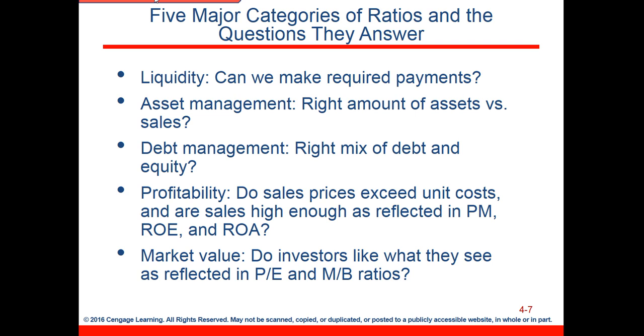There's debt management ratios, which looked at basically the long-term debt, whether there is a right mix of debt and equity. Profitability ratios, return on equity, return on assets, profit margin, and then there is market value assets such as price to earnings ratio, market to book value ratios, and so on.